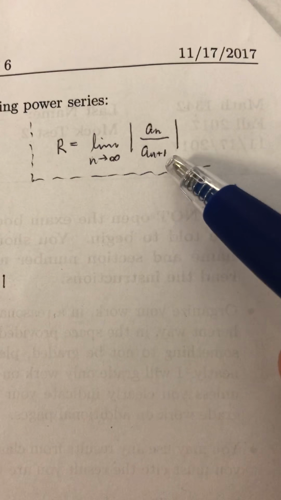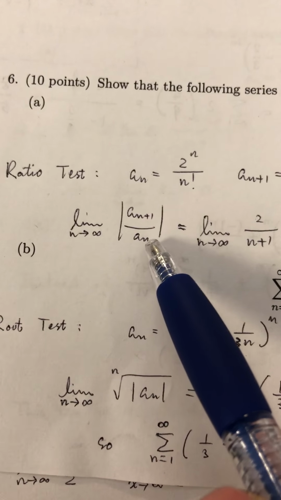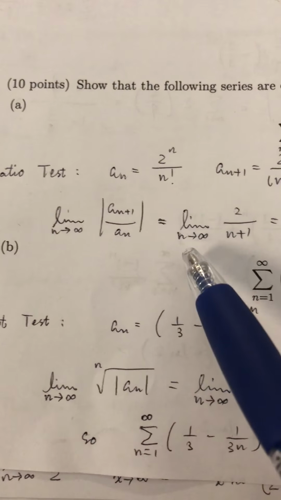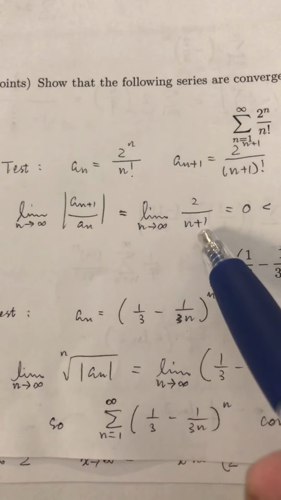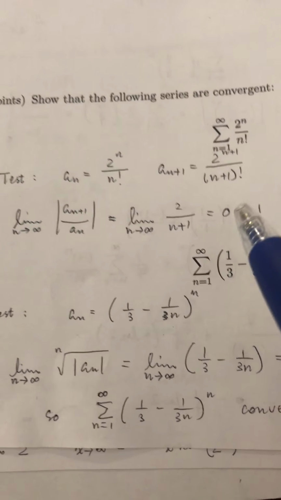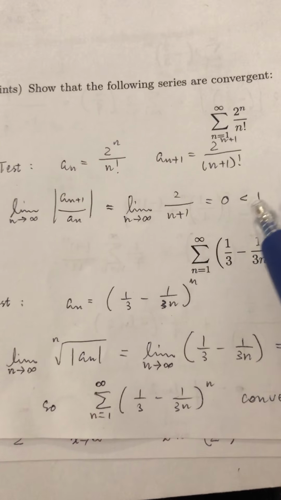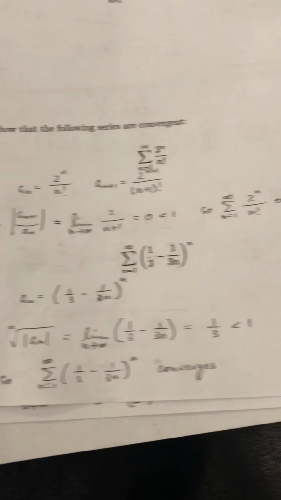In that case, you are taking the limit of an over an plus 1, with an in the numerator. But in the ratio test, an is the denominator. All right, so write it down and take the quotient. This is 2 over n plus 1, and it's obviously 0, so it's less than 1. When the limit is less than 1, we can say that this series is convergent.